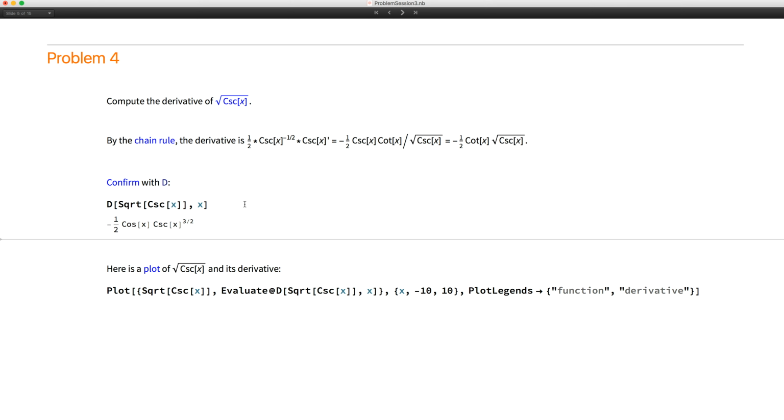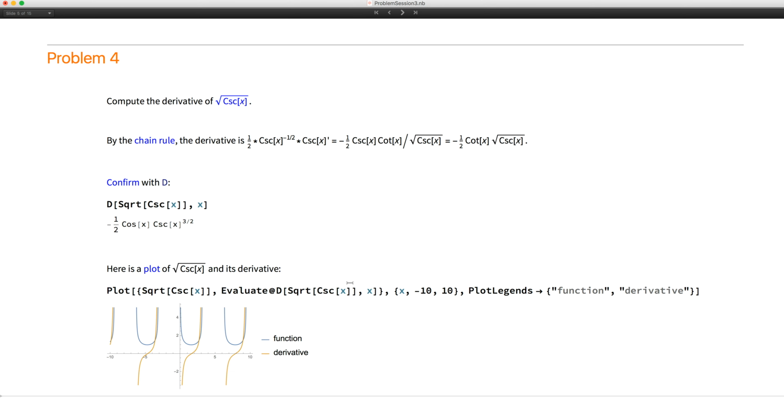You can check the answer with D, and you get back almost the same thing, except that D has simplified a bit more and replaced the cotangent by cosine over sine. You can then plot the derivative and the function and get this nice visual for the whole problem.